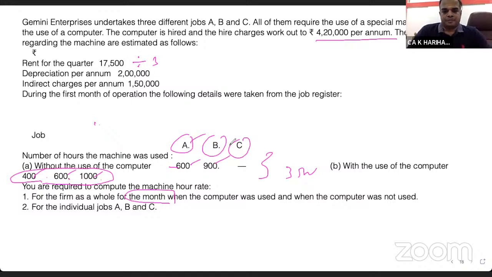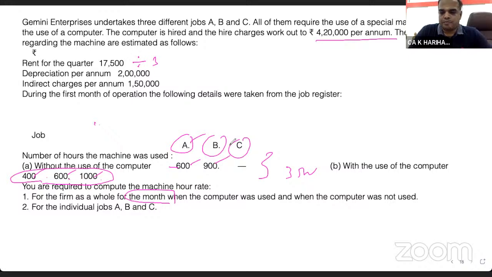So in overhead problems, the next segment is recovery rate, and one more thing is also there: difference in absorption. Okay. So let's do one problem based on difference in absorption.